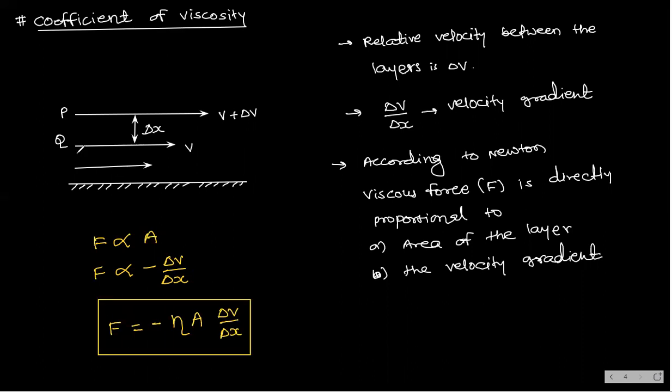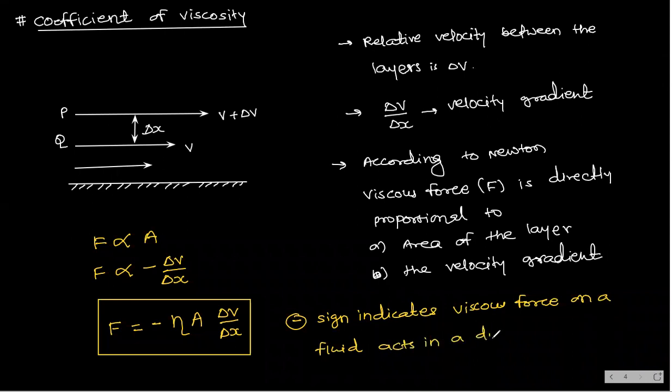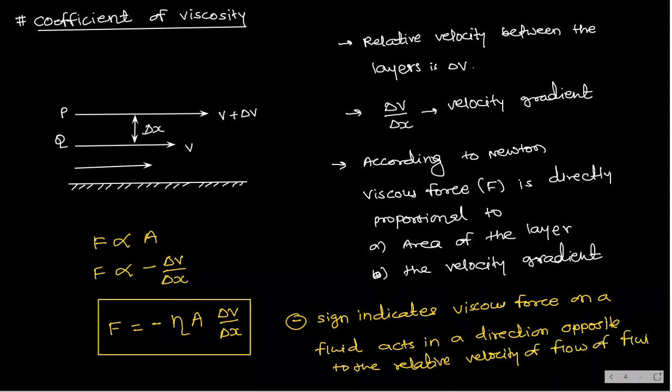Okay. And what does this minus sign indicate? So the minus sign indicates that the viscous force on a fluid acts in the direction opposite to the relative velocity of flow of the fluid.